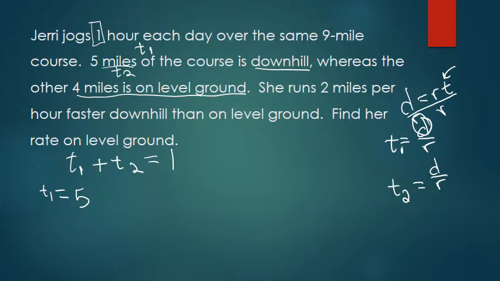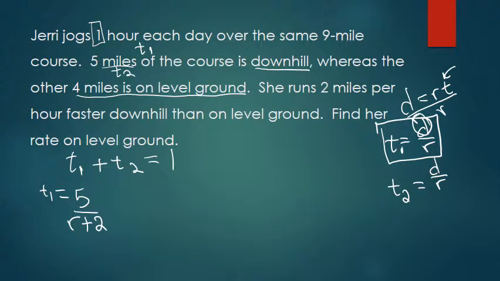And then over, and it says she runs 2 miles per hour faster downhill. That's my 5 miles. I'm going to say r is my rate, and then she goes 2 miles per hour faster going downhill. So what I've done is I've taken the information related to my T1, my downhill, which again, the T1 is what I labeled.